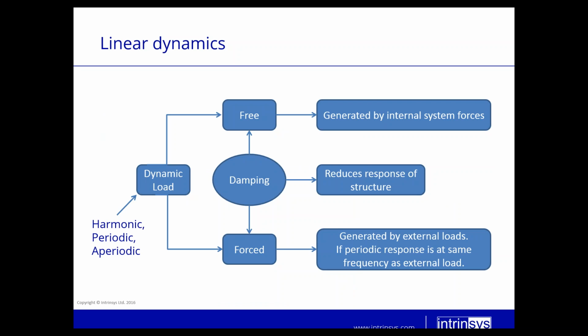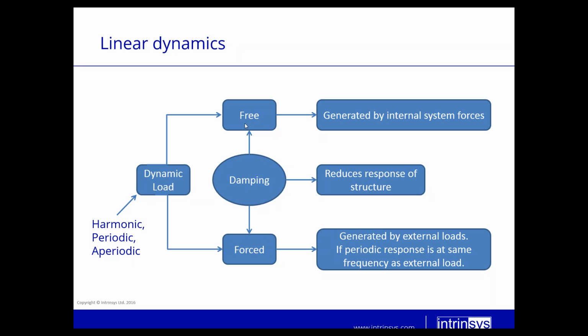There are mainly two types. You can have free dynamics, which is generated by internal system forces, so this will give you free vibrations, or you can have forced vibrations, which are due to your applied external loads.